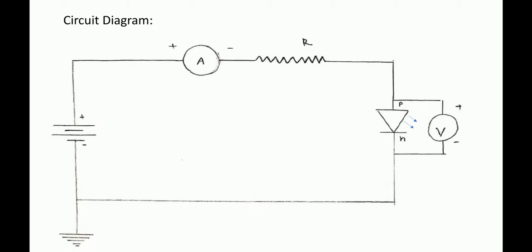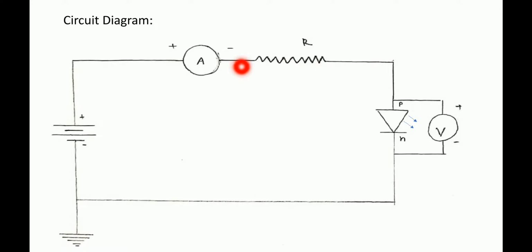This is the circuit diagram of the light emitting diode. In this, first connection is the positive end of the battery is connected to the positive end of the emitter. Here, in between, we have connected a resistor which is used to limit the current through the LED and to prevent the LED from burning.